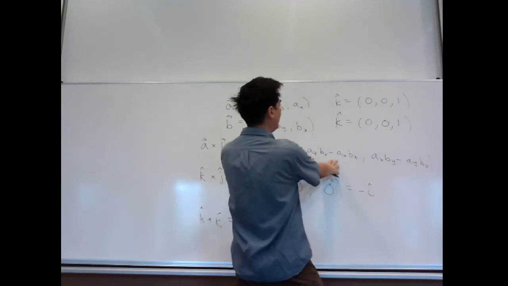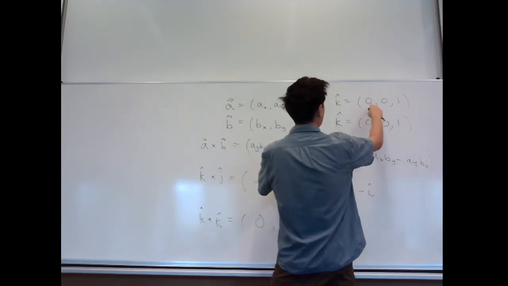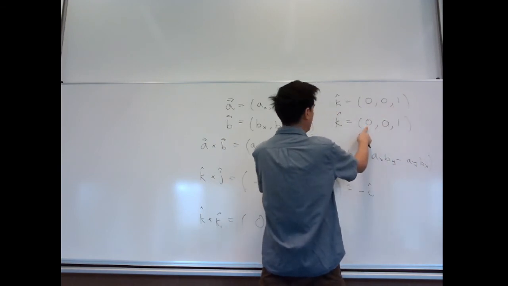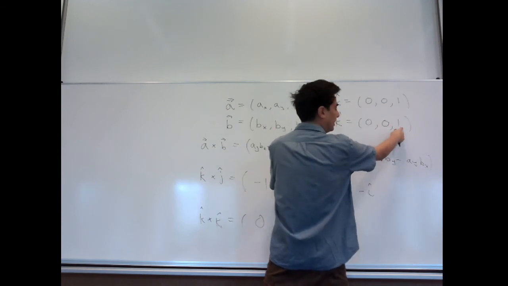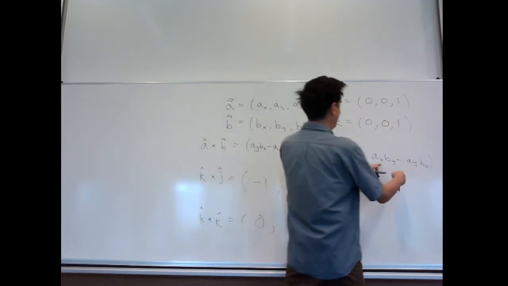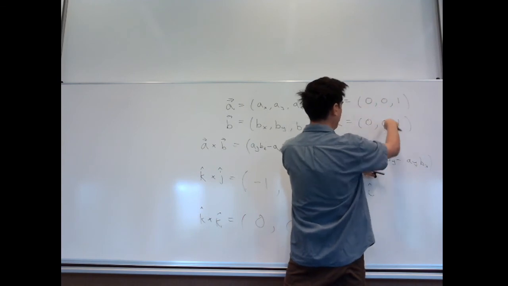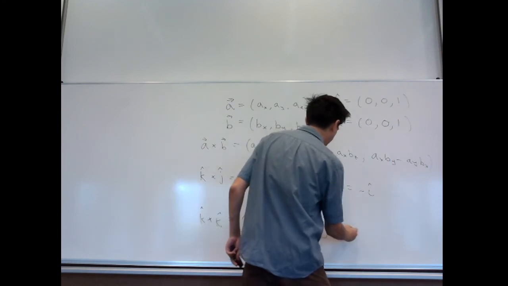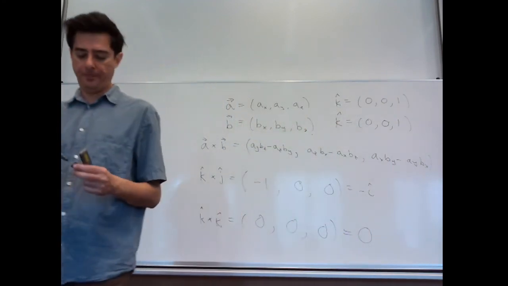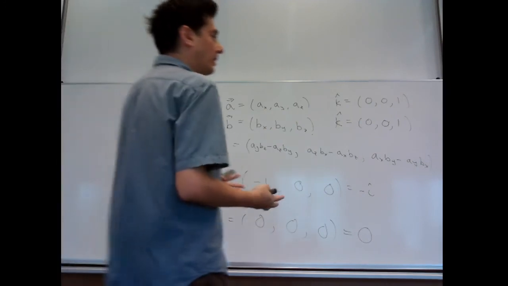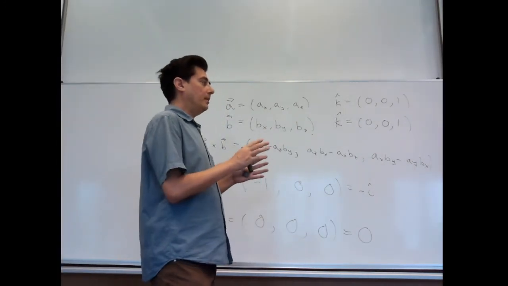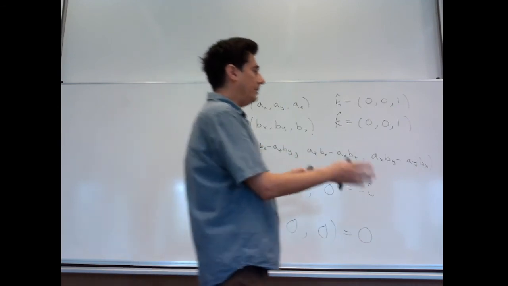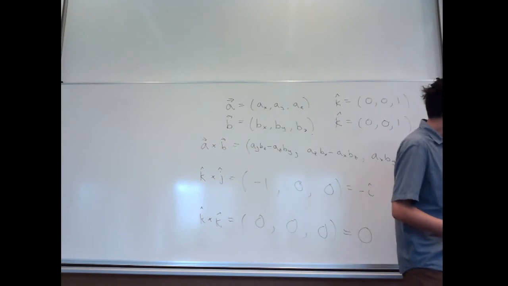AZBX means going to multiply this one times this one, which is 0, minus this one times this one, which is 0. And for this one, we're going to multiply this one and this one, which is 0, and minus this one times this one, which is 0. So this is all 0. The 0 vector. So basically, any time that you are doing the vector product with the same element, so i times i or j times j, it's always 0.